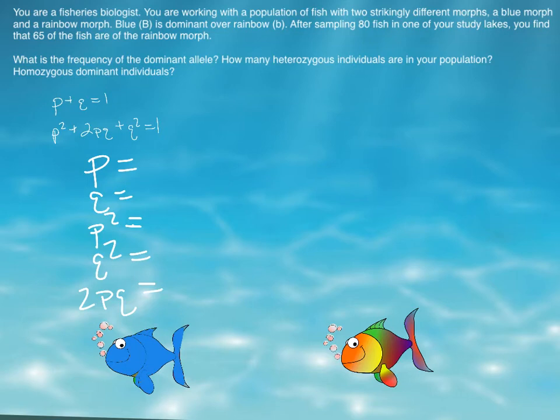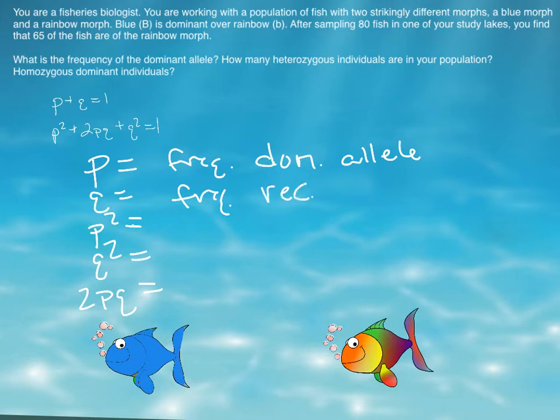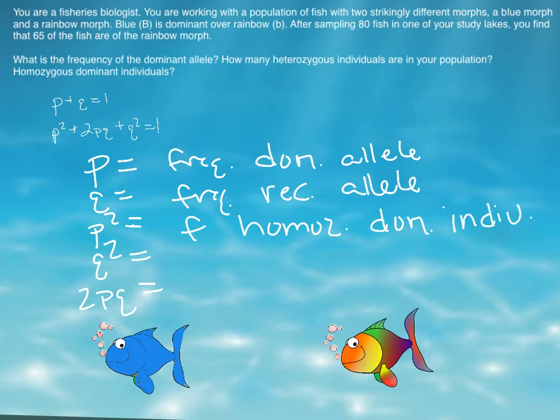Again, p is the frequency of the dominant allele. q is the frequency of the recessive allele. p squared then is the frequency of the homozygous dominant individual. q squared is the frequency of the homozygous recessive individual.